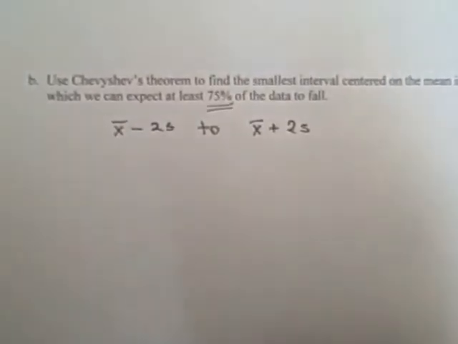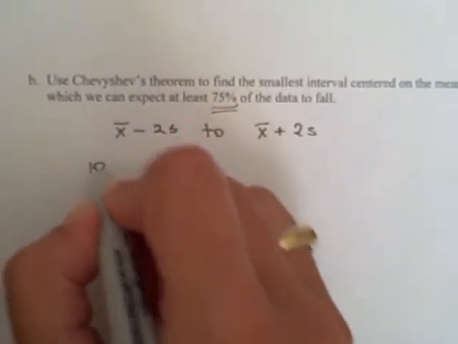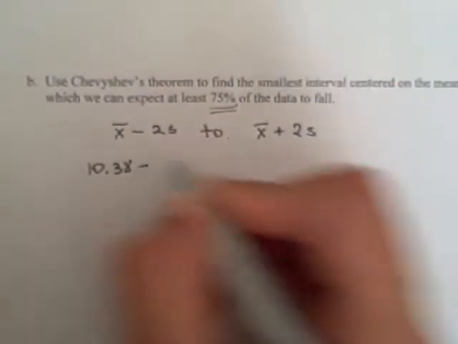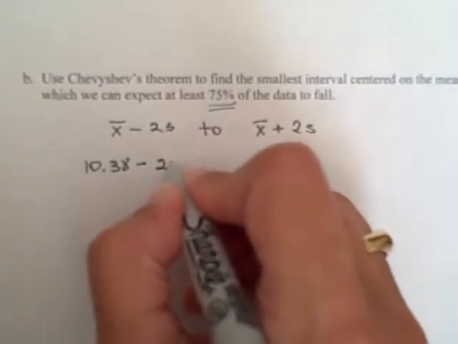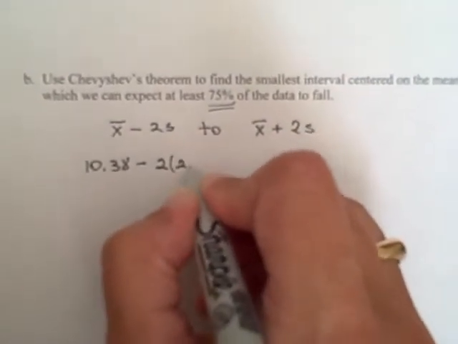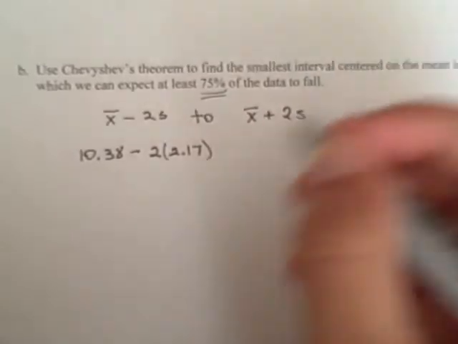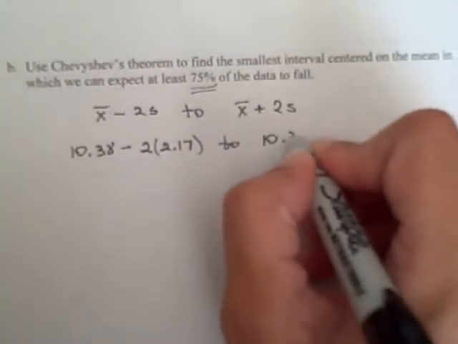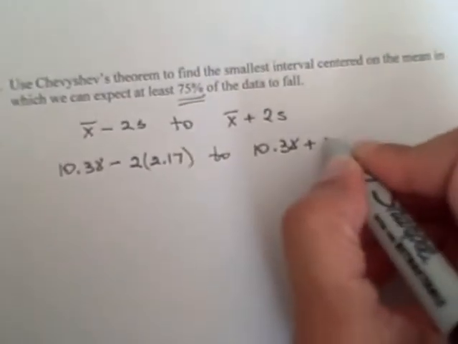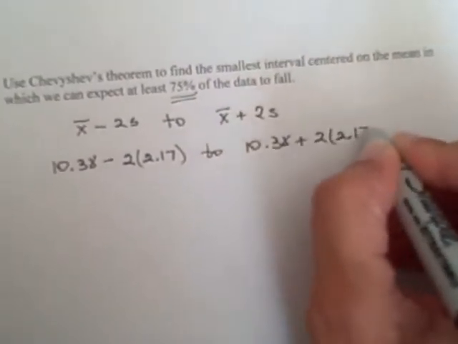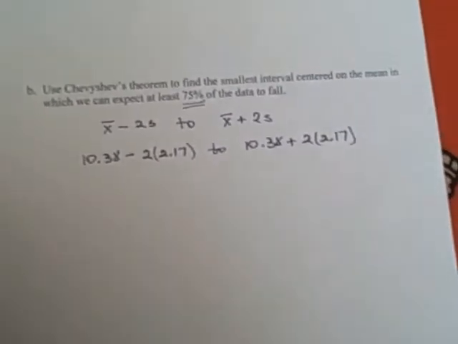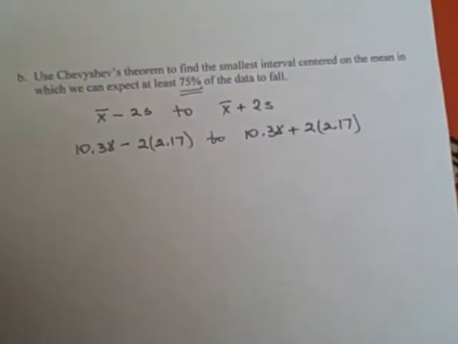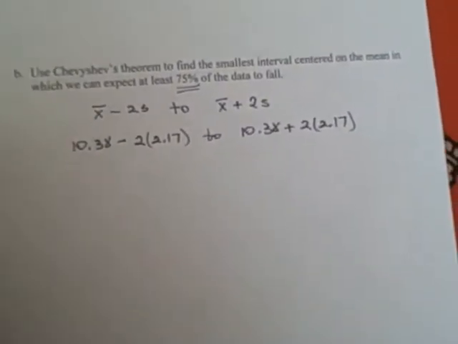So our X bar in this problem was the $10.38 minus 2 times the standard deviation, which was the $2.17, okay? And then we're going to do the $10.38 plus 2 times the $2.17. So let's work that out. 10.38 minus 2 times 2.17.